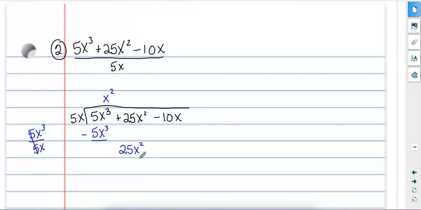And x times x is x squared. So we're going to put here plus 5x. And notice how it goes above the 25x squared. So when I multiply 5x times 5x, I get 25x squared. And we're going to subtract, which gives us 0, bring down negative 10x.